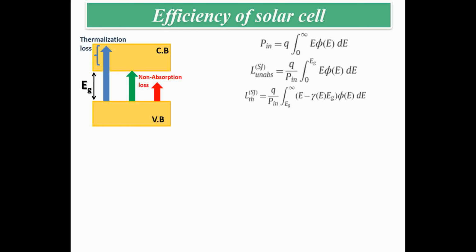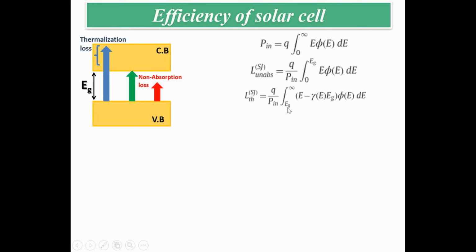Then the photon may generate only one electron-hole pair or two electron-hole pairs. In certain special cases, a high-energy photon can generate two electron-hole pairs, so that can take place. That's why we have taken gamma, a function giving the number of electron-hole pairs. Generally it will be 1. If it is 1, then E minus EG is the lost part for the complete spectrum from EG to infinity. That is our thermalization loss.